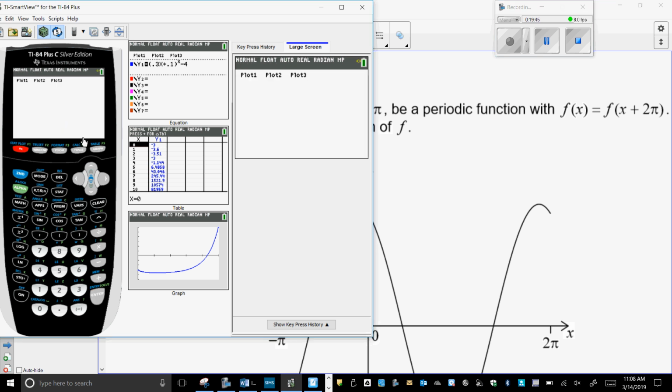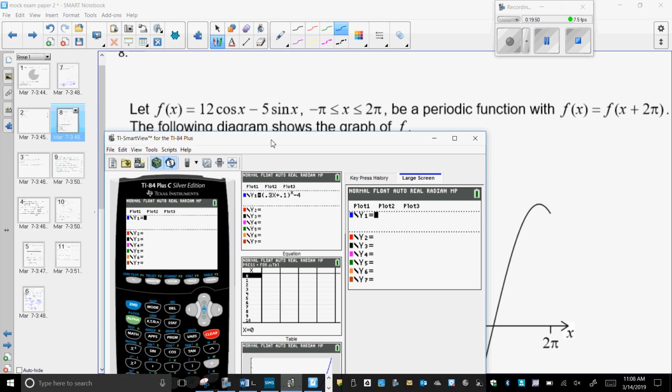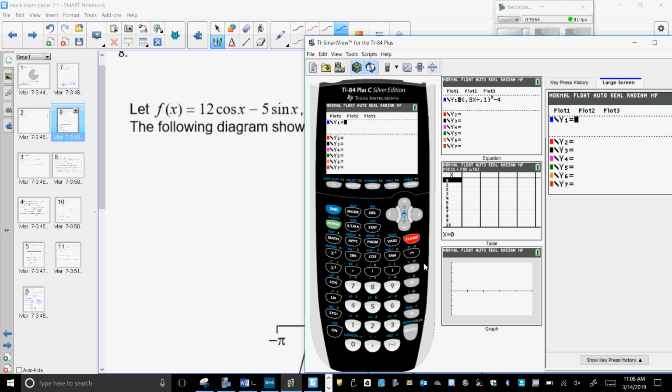So y equals, let's ditch this, 12 cos x minus 5 sine x.